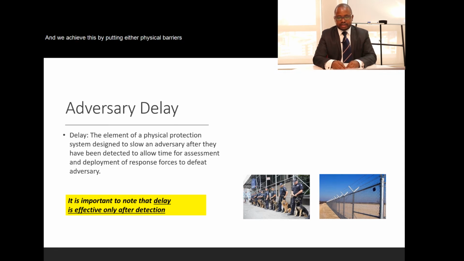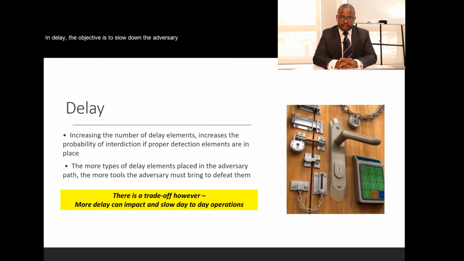We achieve this by putting either physical barriers or human barriers before the intruder actually reaches our critical asset, which is our chemicals. In delay, the objective is to slow down the adversary so that the response team can intercept the intruder prior to the intruder making away with the critical asset.